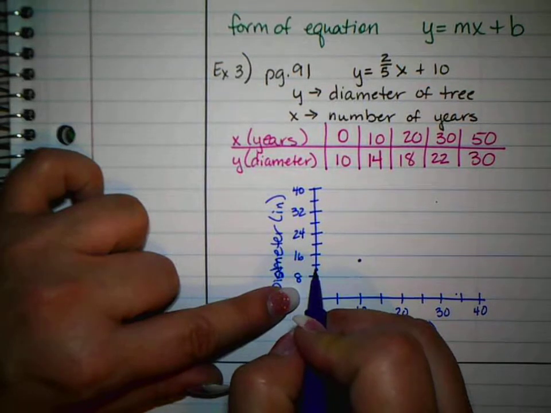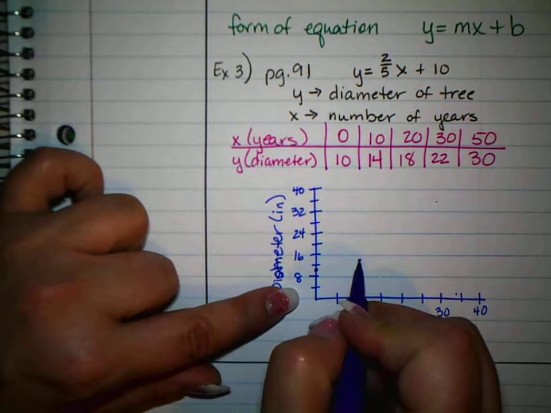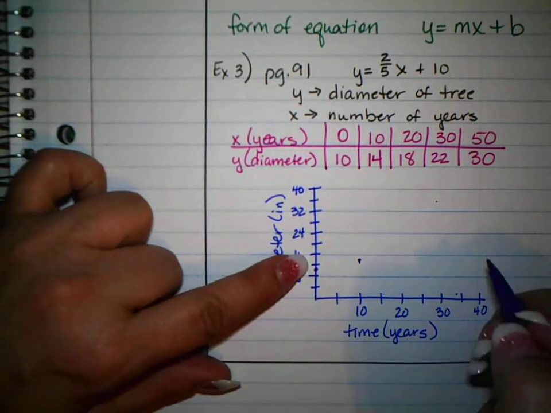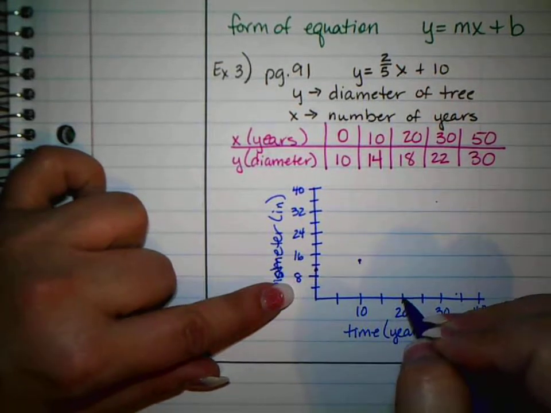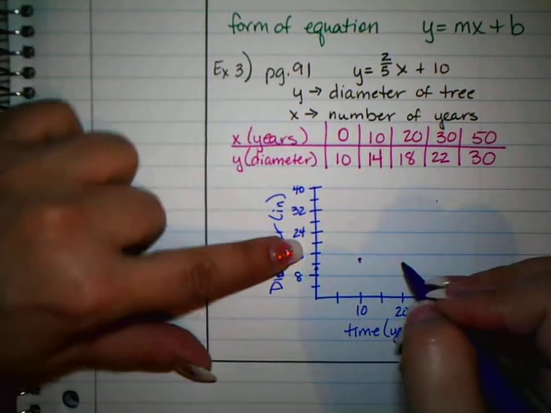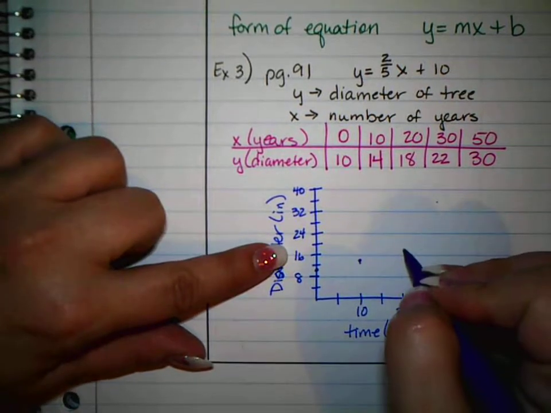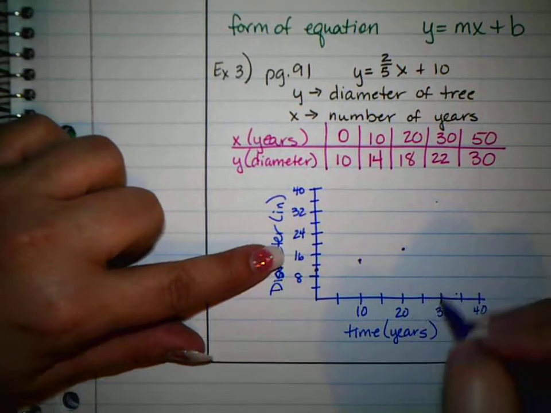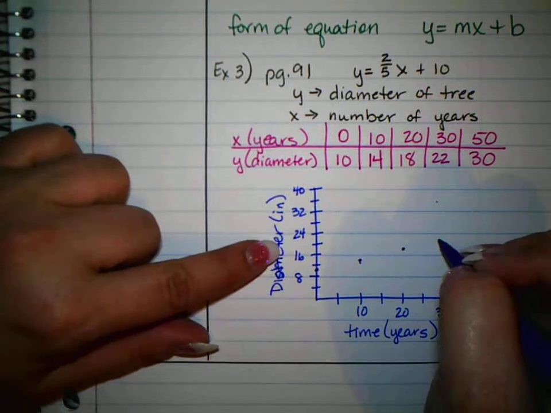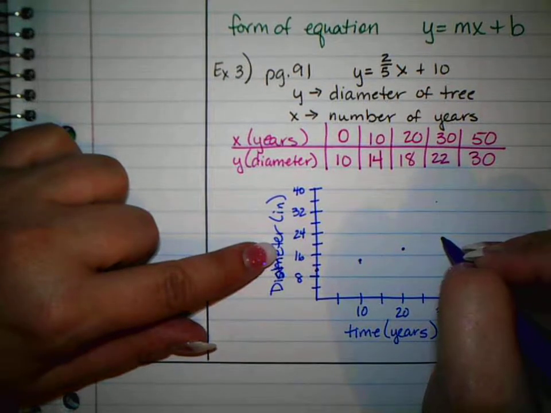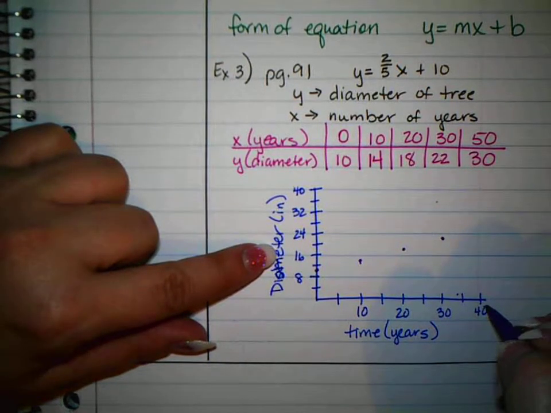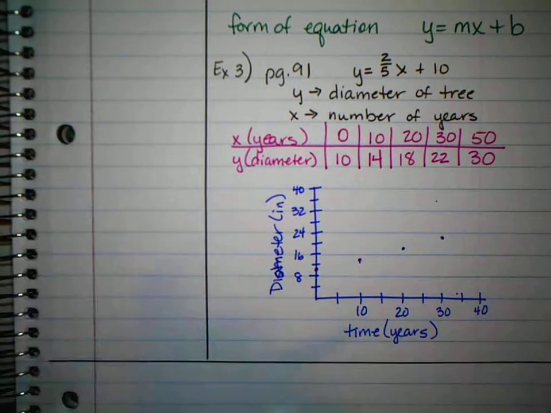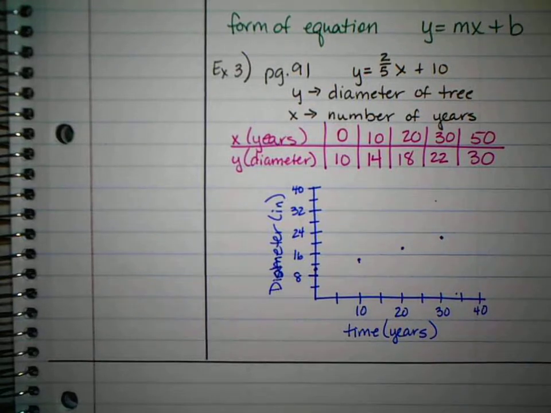So the 10 went here between 8 and 12. 14 goes between 12 and 16. 20 is 18. Again, it'll be in the middle. 30 is 22. And I didn't go out far enough to do 50, but that's okay.